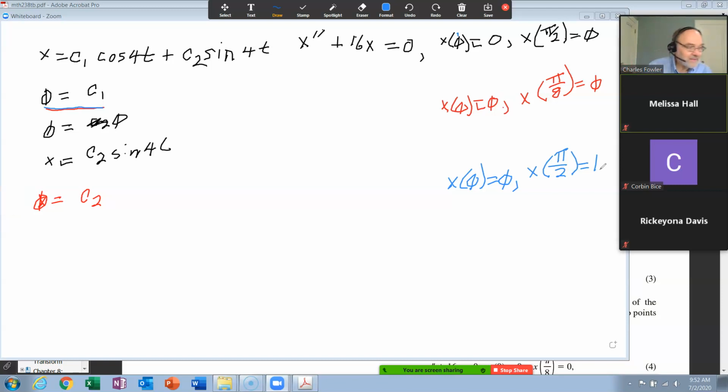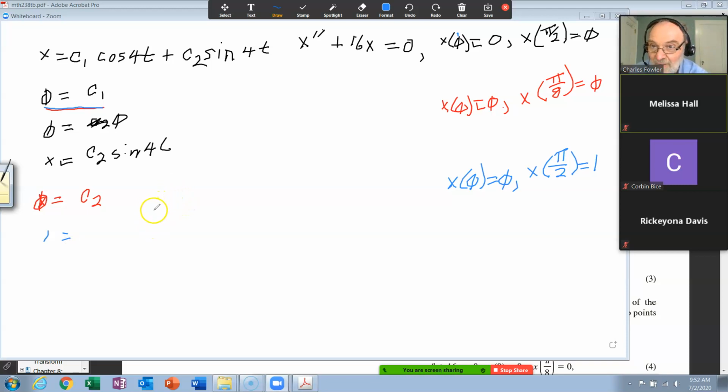Okay, now let's see what happens now. We already know that plugging in x equals 0 is going to produce C1 equals 0. Okay, the second one is that x is going to be 1 when you plug pi halves in for t.